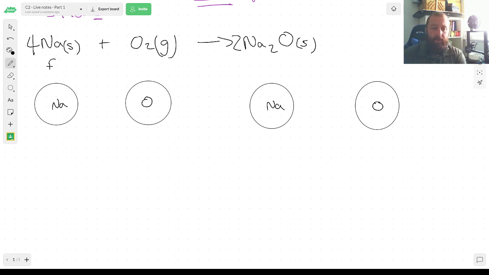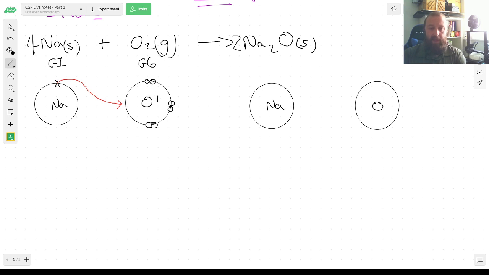So, sodium is in group 1, 1 electron. Oxygen is in group 6. Let's go back to circles just for a change. Now, if we do what we've done before, sodium needs to lose that 1 electron. But I've got a problem.